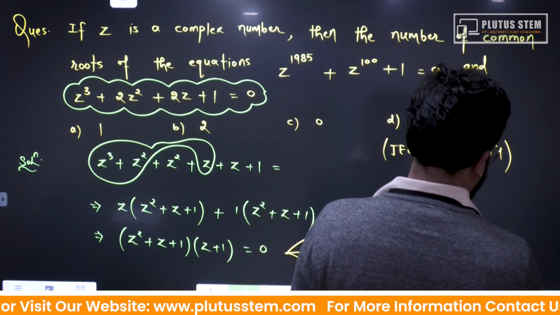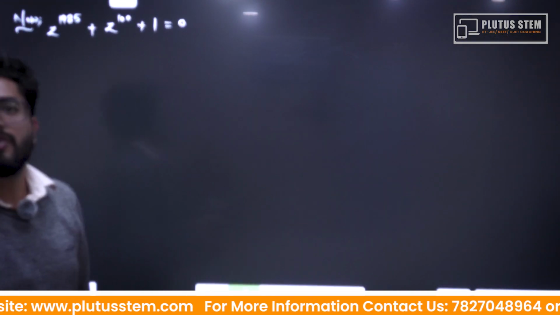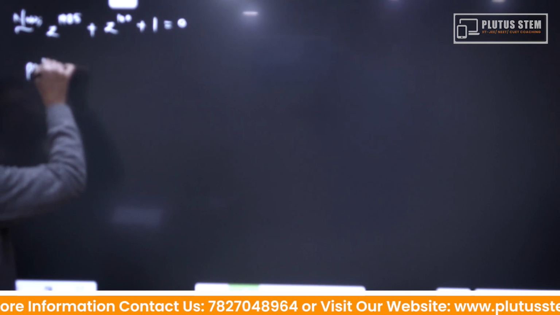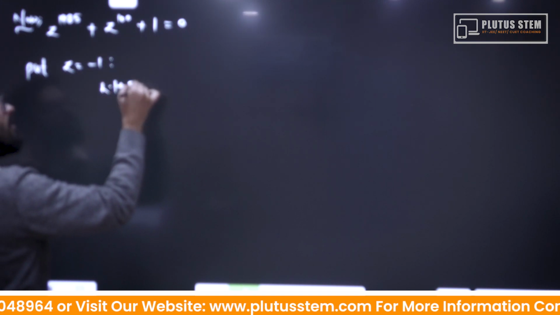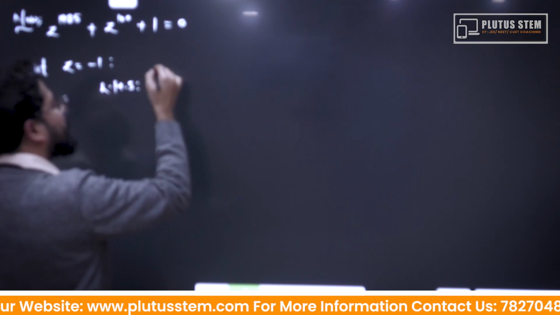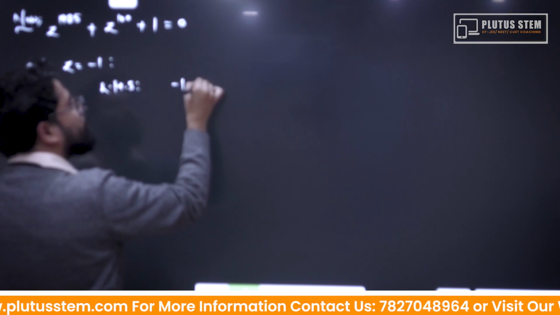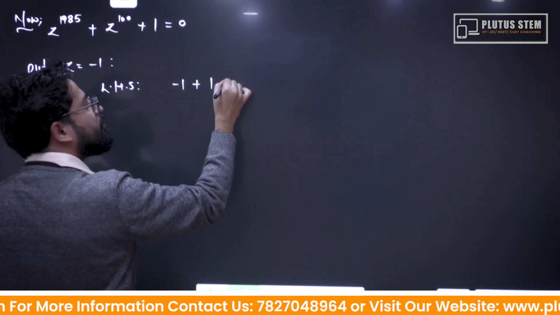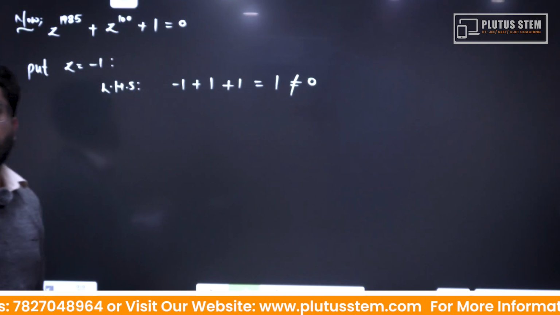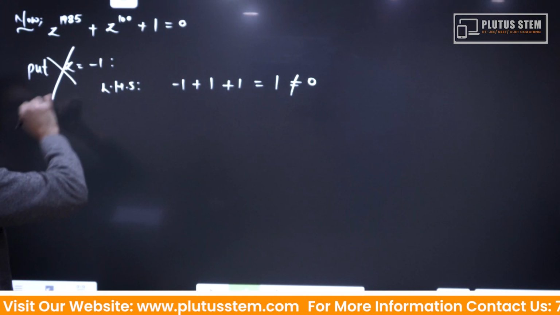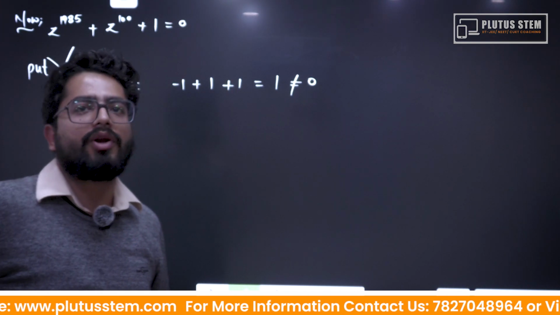Put z equal to minus 1. The left hand side will be minus 1 power 1985, that is minus 1, plus minus 1 power 100, that is 1, plus 1, which equals 1, not equal to 0. It means this is not a common root.